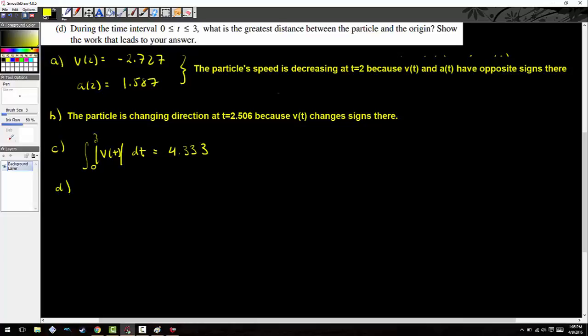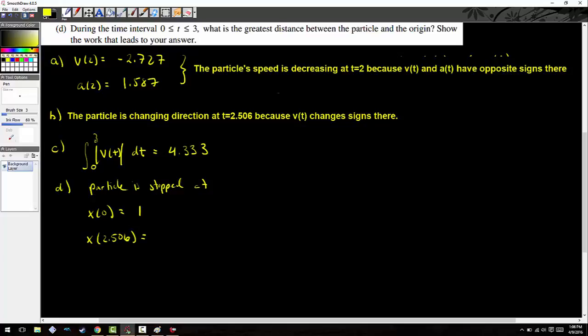So it looks like the particle is stopped at these times. So it looks like x of 0, you know its position. That's 1. And you also know that at x of that 2.506 number.